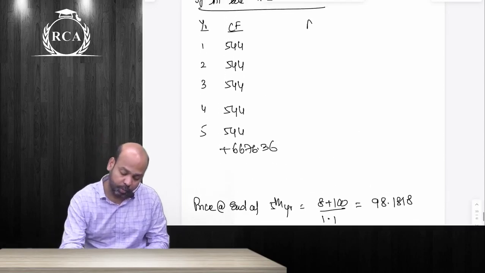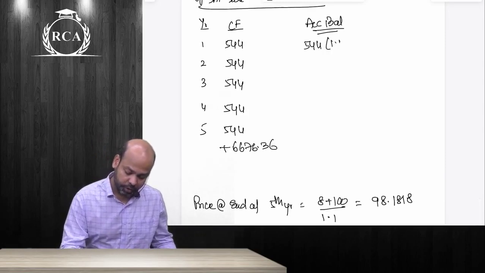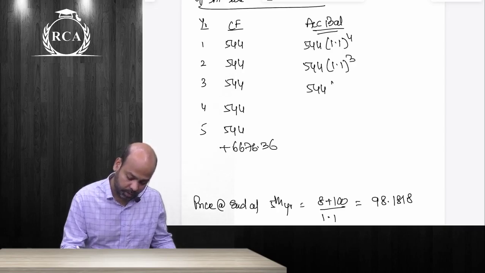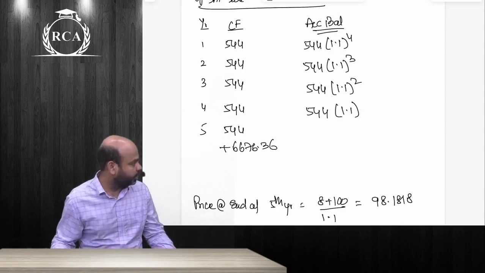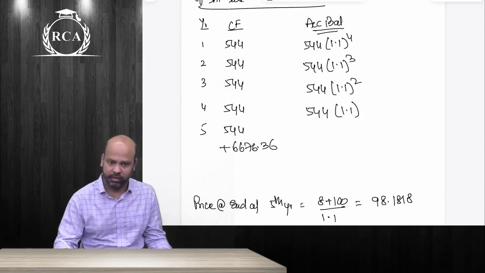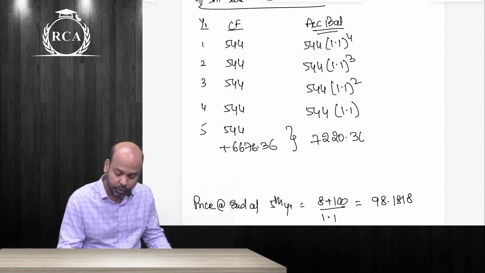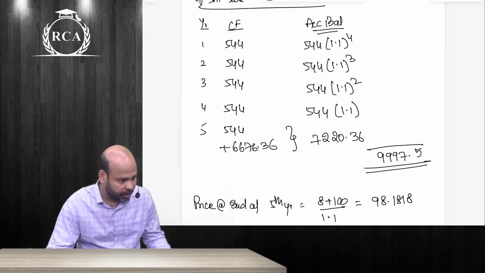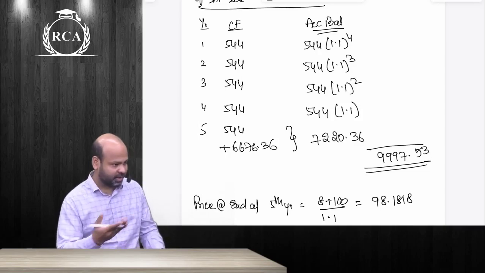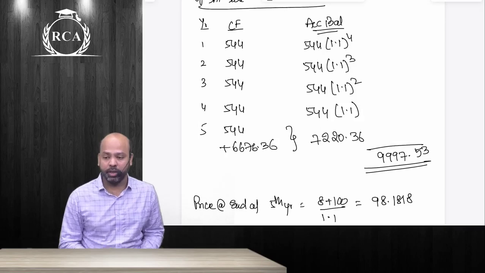You will now accumulate all the balances by reinvesting the cash flows, beta, at 10%. 544 into 1.1 whole power 4, 544 into 1.1 whole power 3, 1.1 whole power 2, into 1.1. How much will this be, beta? 544 plus 6676.36, that is 7220.36. Total accumulated balance 9,997.53, guys, is the total accumulated balance that we have.